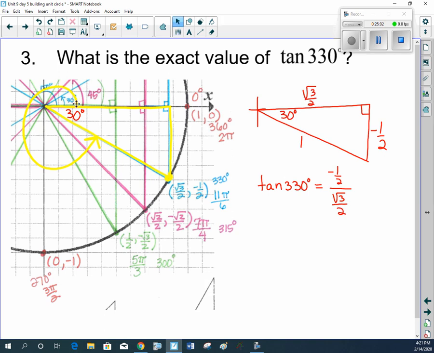Well, since these are both divided by 2, these two are going to reduce, and you're going to end up with a negative 1 divided by the square root of 3. So you're just going to go ahead and rationalize that, and you end up with minus the square root of 3 over 3. So the exact value of the tangent of 330 degrees is minus the square root of 3 over 3.